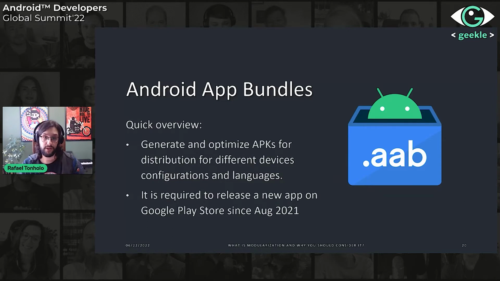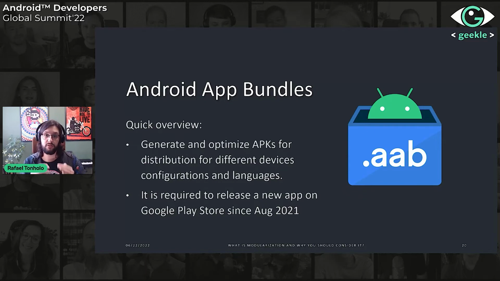Google uses app bundles to generate and optimize APKs for distribution for different devices, device configurations, and languages. This makes your app smaller, on average 15% smaller than a universal APK, and faster to download, which can lead to more installs and fewer uninstalls.